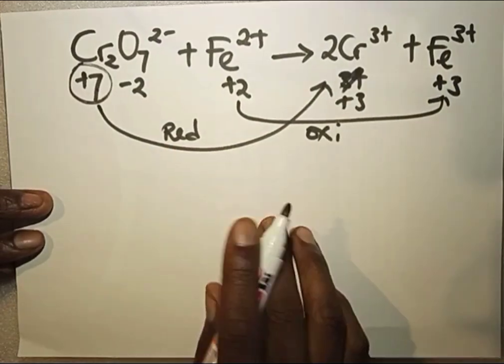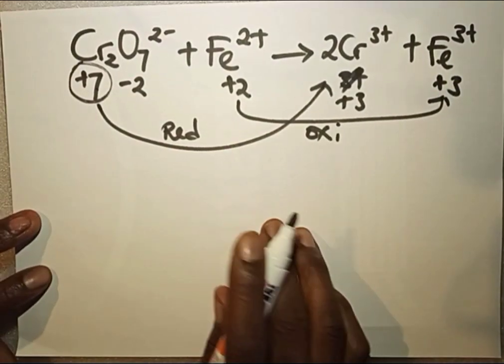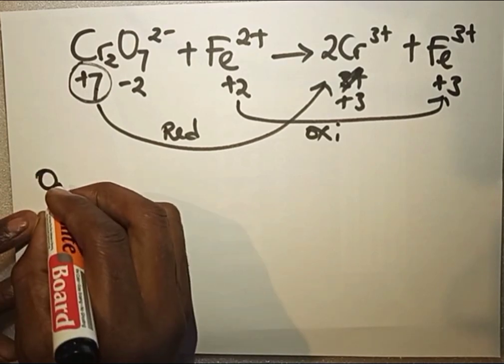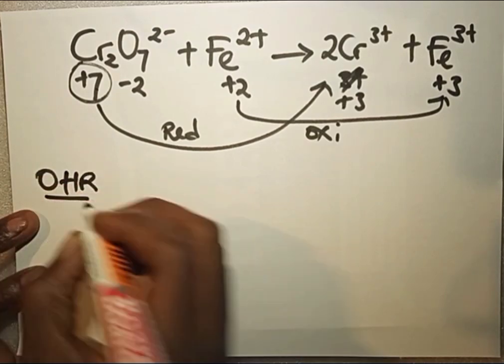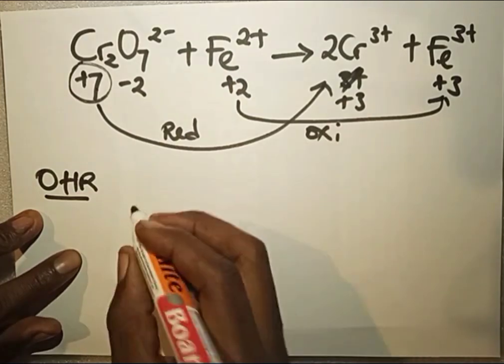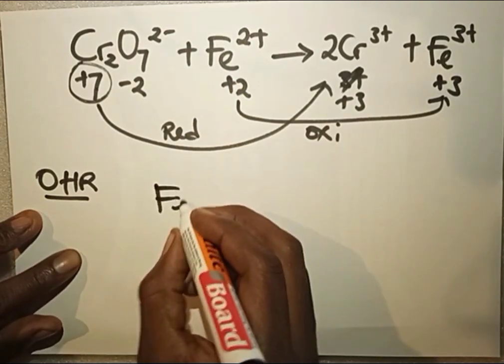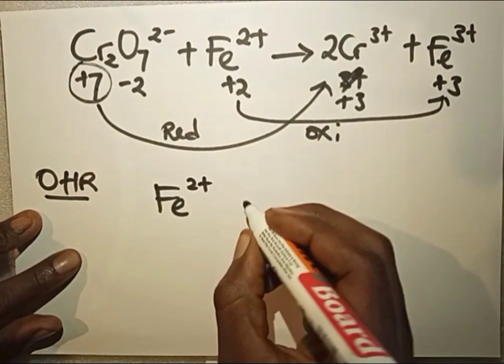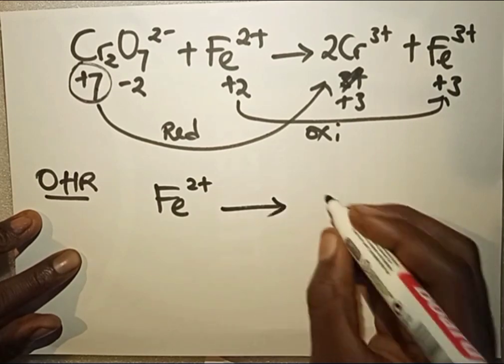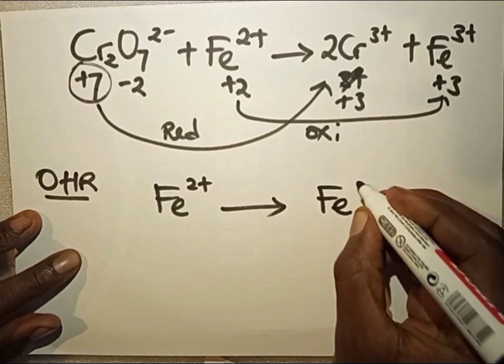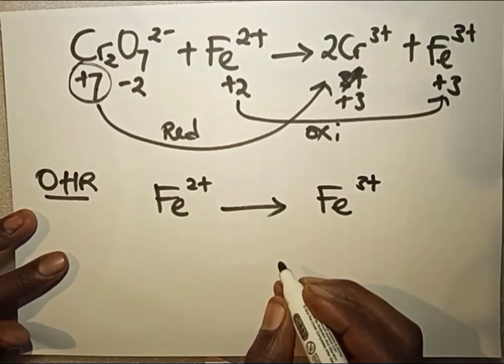So now we're going to have the half reactions. The oxidation half reaction will be iron 2, which will give us iron 3.